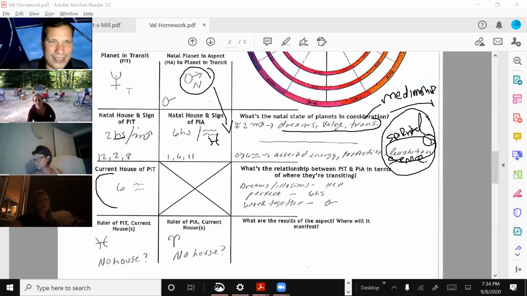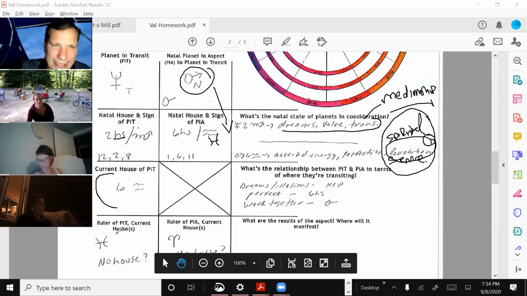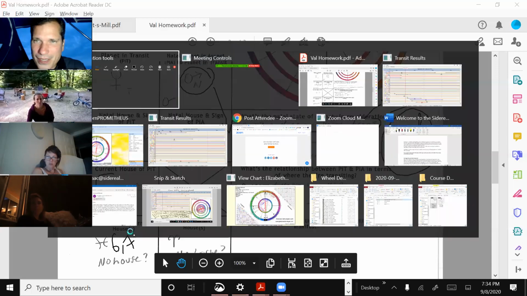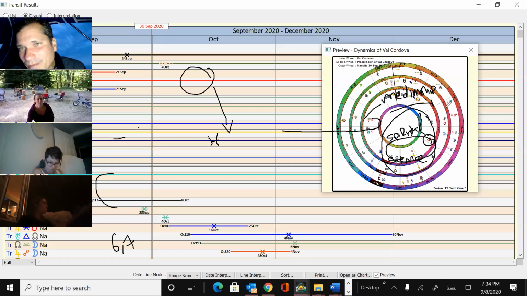Let me just finish this chart here. Sixth house. Okay, so now we know Pisces was in the 6th and the 7th. What was this? Mars Aries would have been, look at that, 7th and 8th.